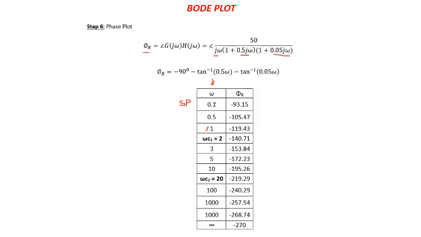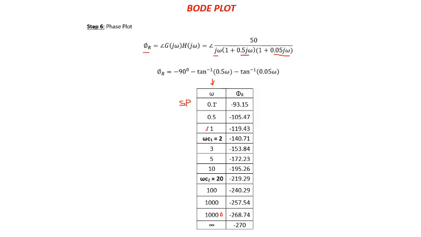Try to take nearer values between the corner frequencies, from 0.1 to 2 and between 2 to 20, and later you can increase the omega values. So 3, 5, 10, then corner frequency c2 equal to 20, then we can increase to 100, then 1000, 10,000. For different values of omega we get the corresponding values.